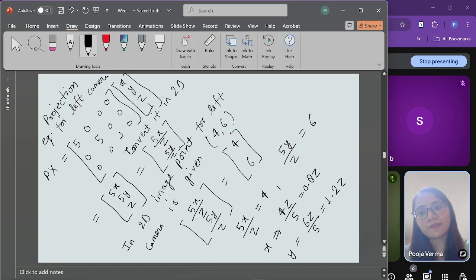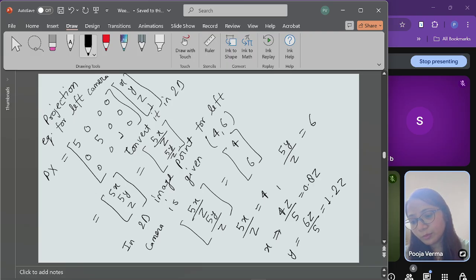So for the left camera projection, the x value that we have got is 0.8z and y is 1.2z. The y values for both left and right cameras are equal. So first we have to calculate only the z coordinate, the depth. Here x is equal to 0.8z from the left camera, and then we equate both the equations for left and right camera.